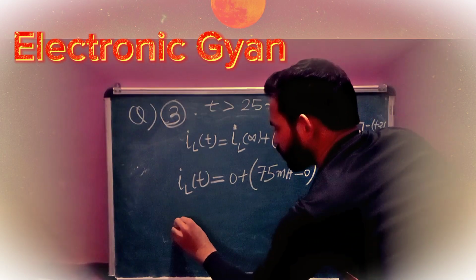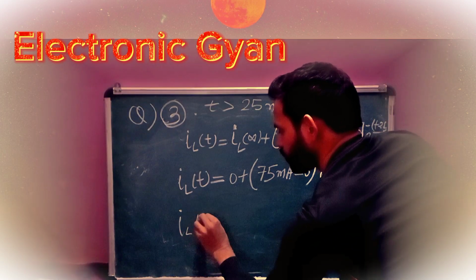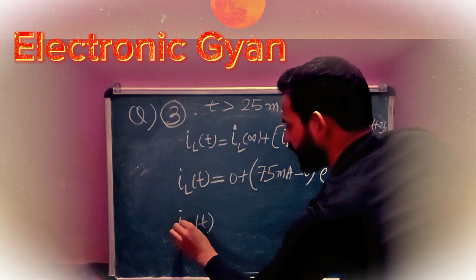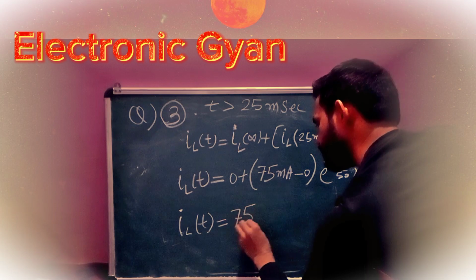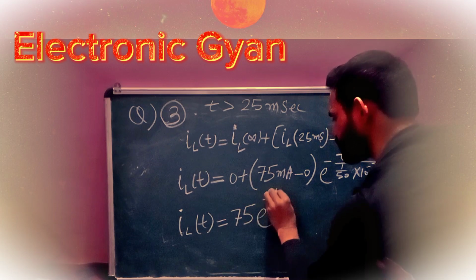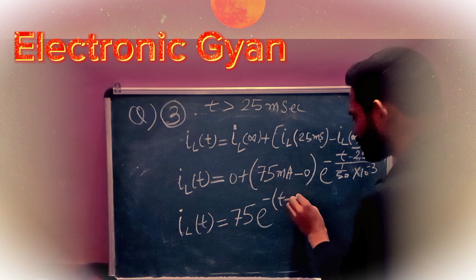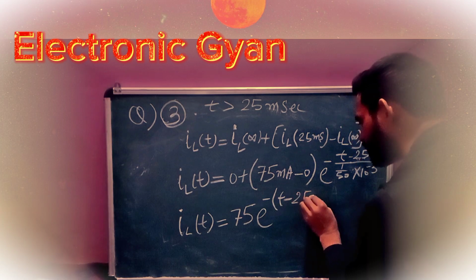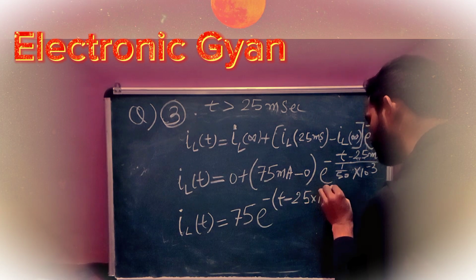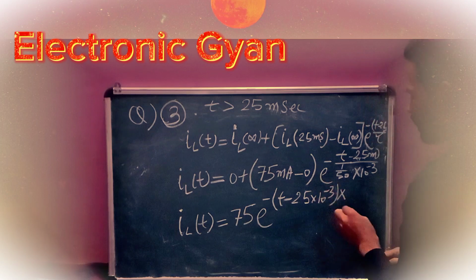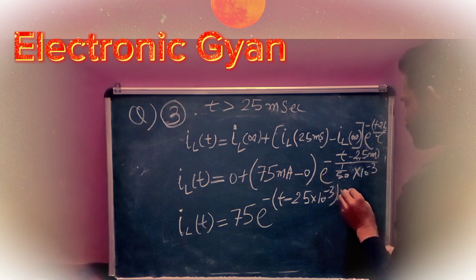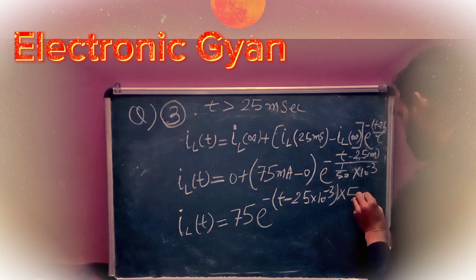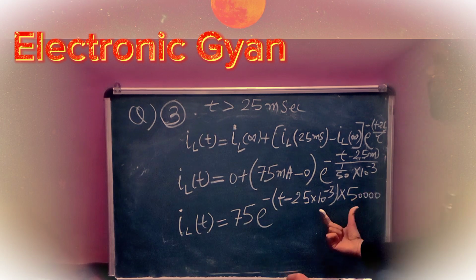Therefore we got the final value of current for t greater than 25 millisecond as IL of t is equal to 75 into e to the power minus t minus 25 millisecond, 10 to the power minus 3 into, 50 will go upside, and this 10 to the power minus 3 at upside becomes 1000. So total is 50,000. So this is my final expression.